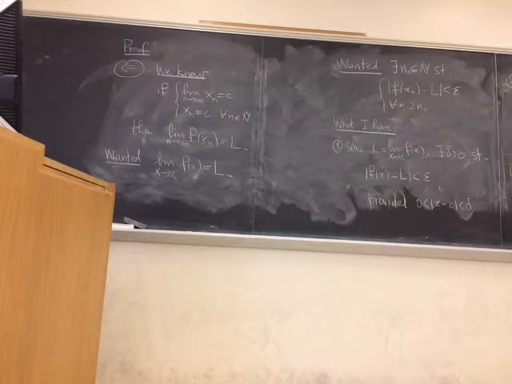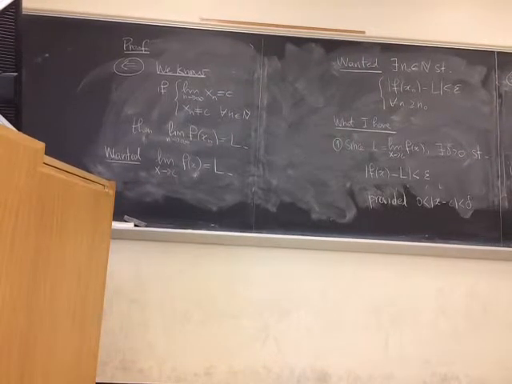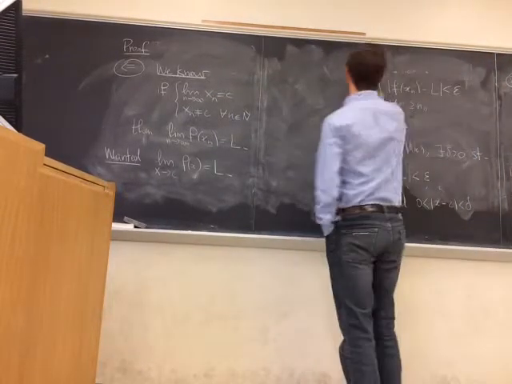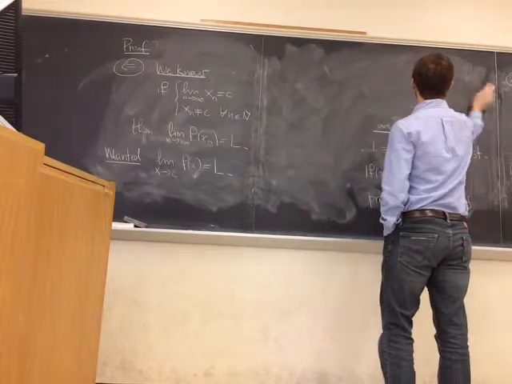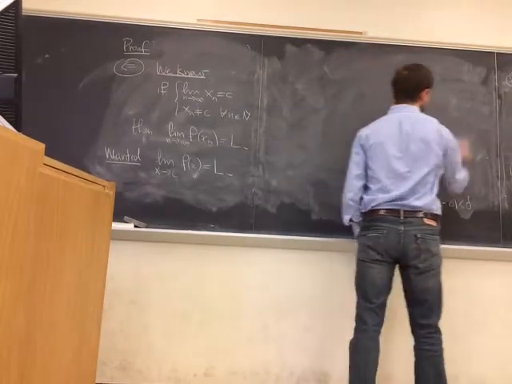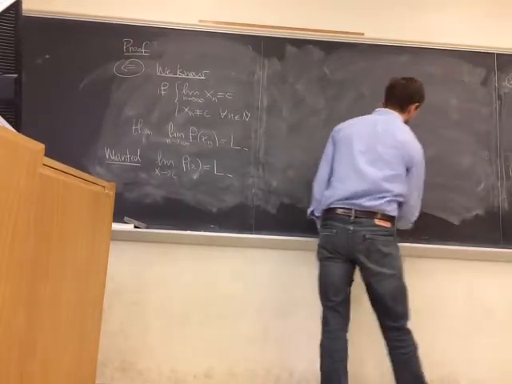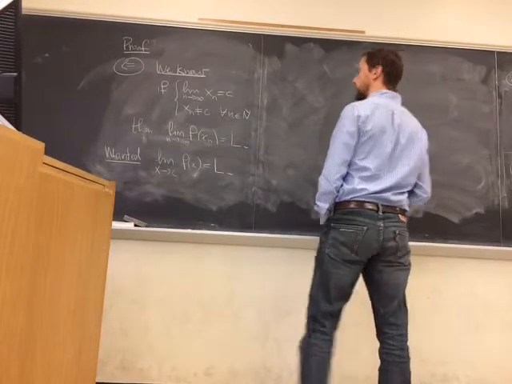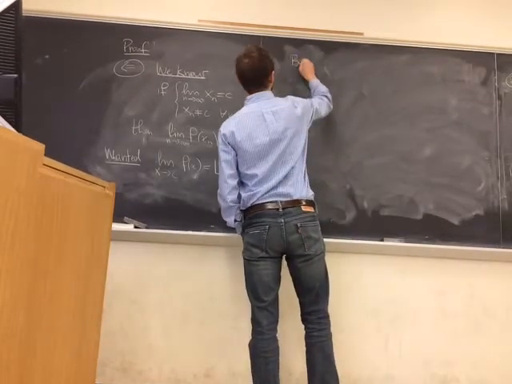So that's what we're going to do. This is a good proof to see because the first step is really what it means that your limit is not L, which could imply that either the limit is a different number or that you don't have a limit. So we argue by contradiction.